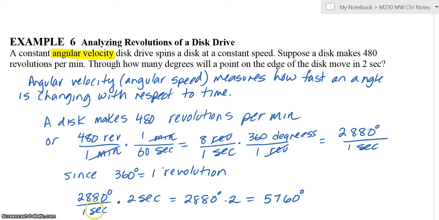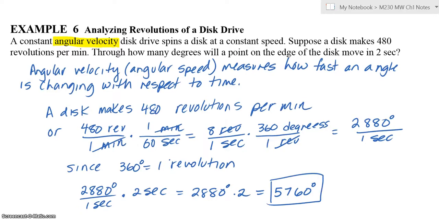And the explanation here: here's the rate, how many degrees per second, and I'm going to cancel that. So this is the angular velocity per second. Now it's in degrees. We're going to find a better measurement than degrees in the future for angular velocity, but in the meantime, that's how we can find how many degrees a point will move in so many seconds.